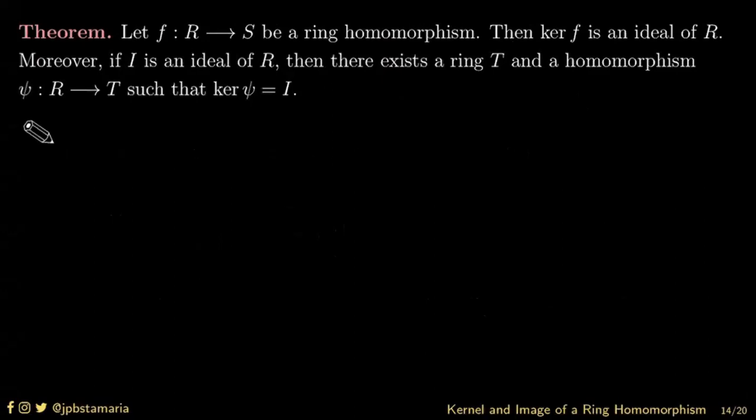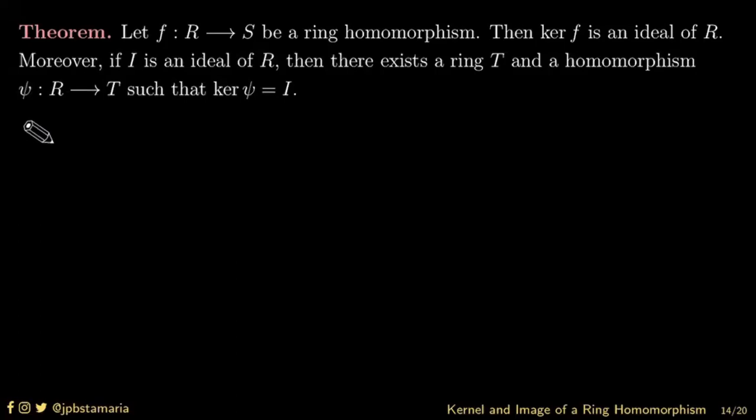In fact, lahat ng mga ideals ng R arise in this way. Ano ibig sabihin ni Sir ng ganon? Tingnan niyo yung second na claim, yung moreover. If I is an ideal of R, then there exists a ring T and a ring homomorphism psi from R to T such that the kernel of psi is I. What does that mean?